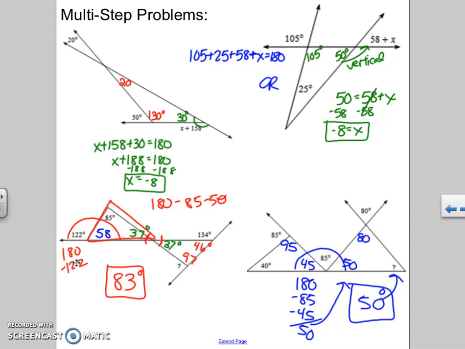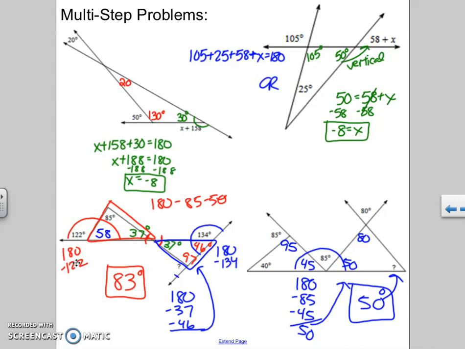I saw I had a linear pair right here, so I did 180, take away 134, which gave me 46. And then I had another triangle down here that I had 37 and 46. So I did 180, take away 37, take away 46 to give me this last angle of a 97.